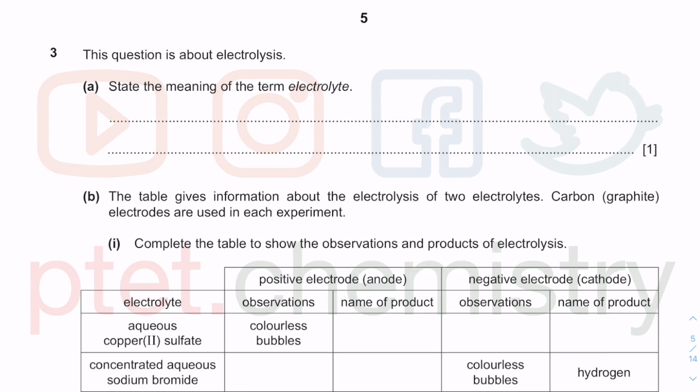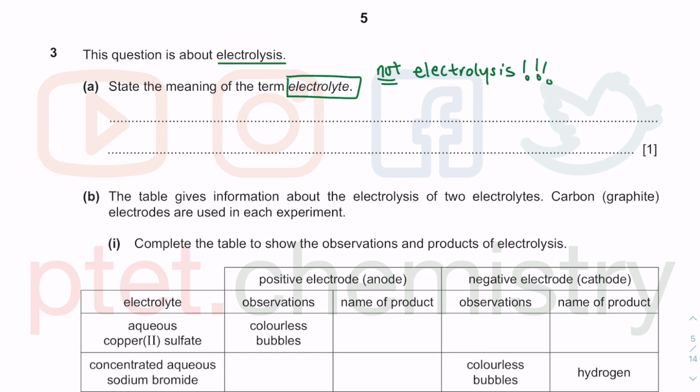So in this particular question, this is about electrolysis. We know electrolysis is basically passing electrical current through an electrolyte in order to decompose or break down the electrolyte into the respective elements. So what is meant by electrolyte, not electrolysis? Be very careful about the process and the required material that we need for electrolysis.